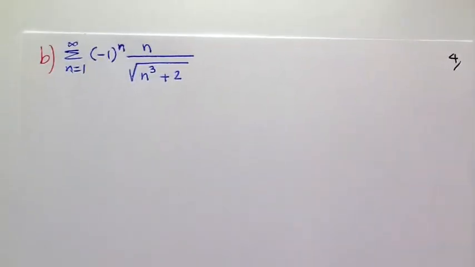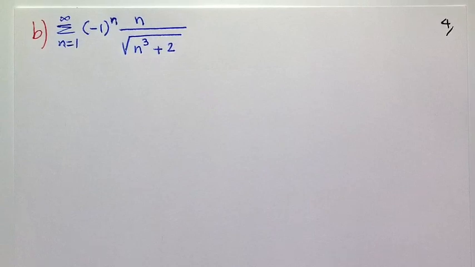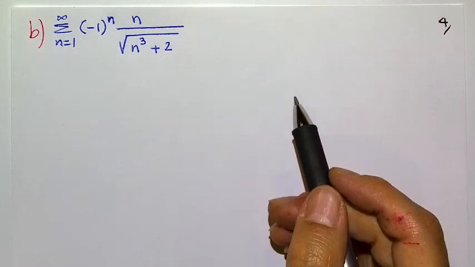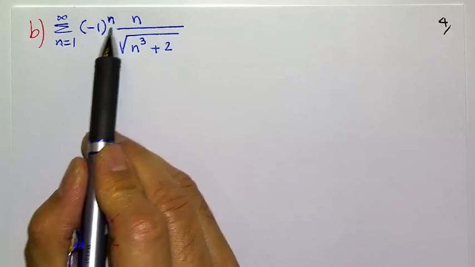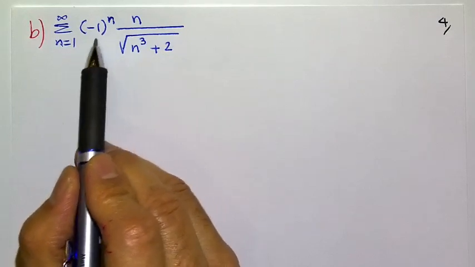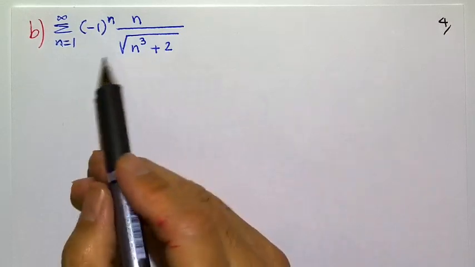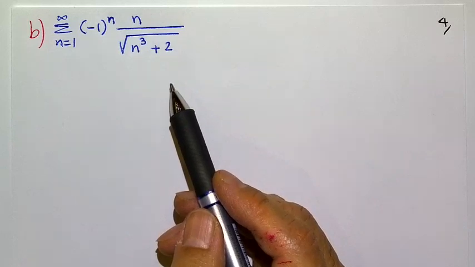Okay, so let's look at another example. In fact, this is one such example where we will have to look at the first derivative. Once again, looking at this, we can tell that this is an alternating series. So applying the alternating series test is a good choice for us to determine whether this converges or not.